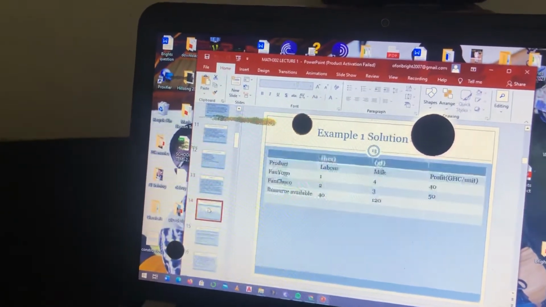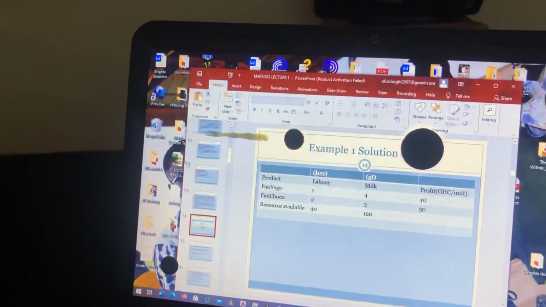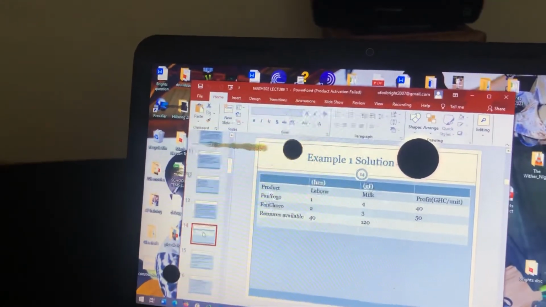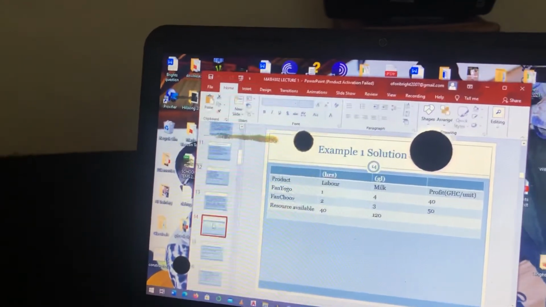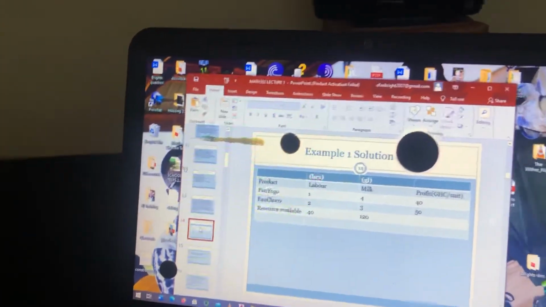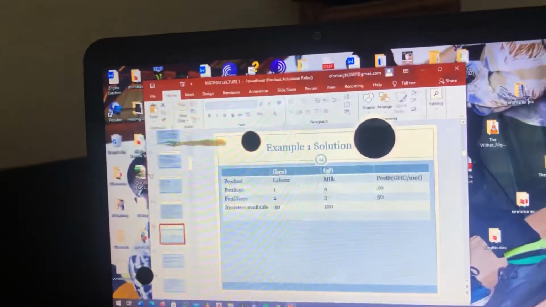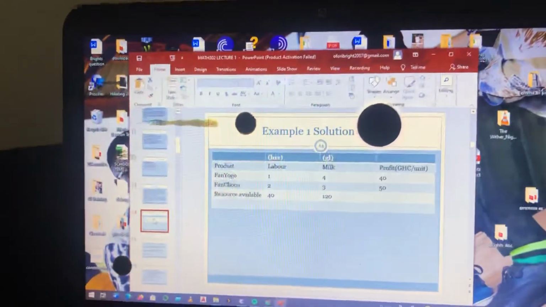So those are the resources available. And the profit from the question also, we have 40 Ghana cedis per unit for Fan Yugo and then 50 Ghana cedis per unit for Fan Chuku. Okay, so this is the table that we've come out with. Right now we are going to look at how to use the graphical method to solve such a problem.